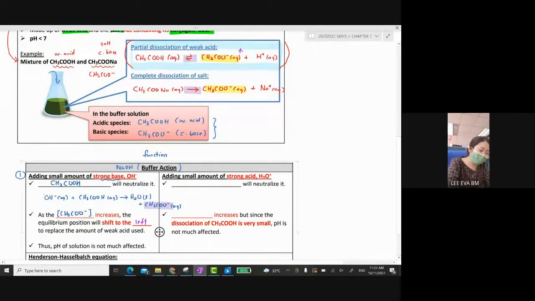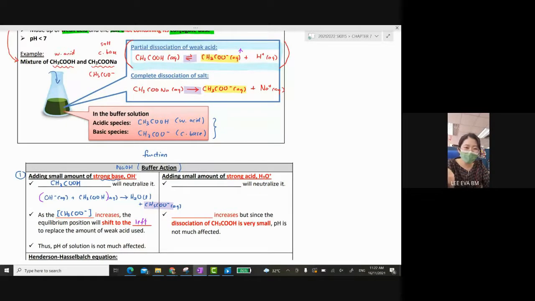Reaction between strong base and weak acid, dia hasilkan lagi banyak conjugate base. But then at the same time, equilibrium would try to lower down the concentration. So it tries to maintain the equilibrium. So we will say that the pH value is not much affected. Dia akan berubah, tapi dia berubah sikit sahaja.